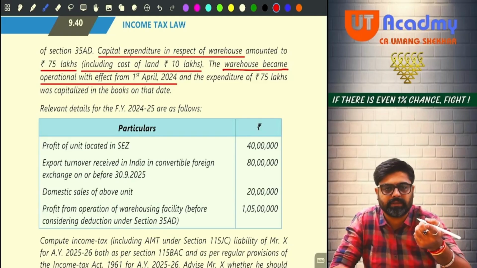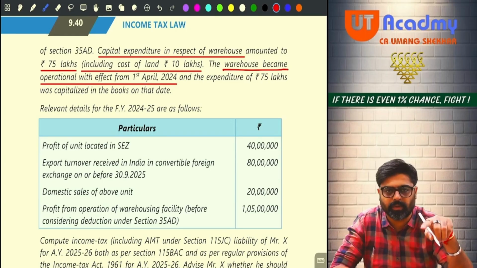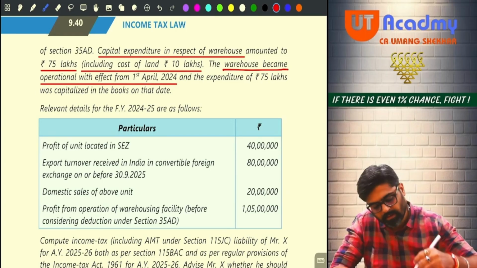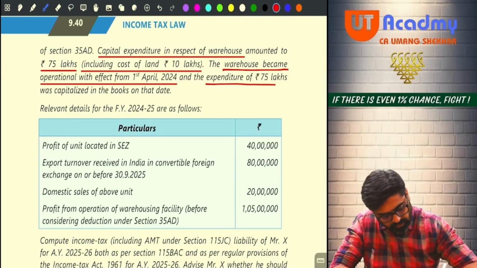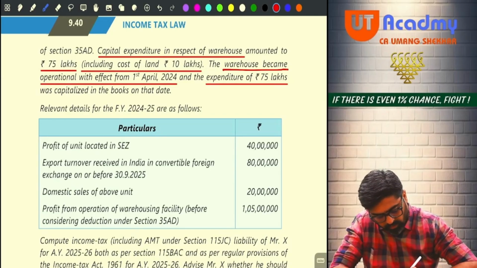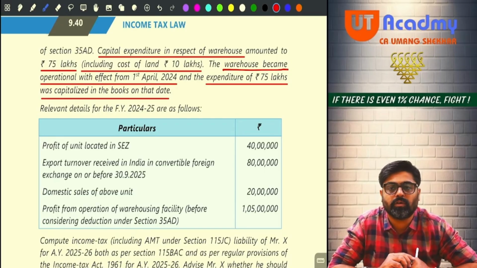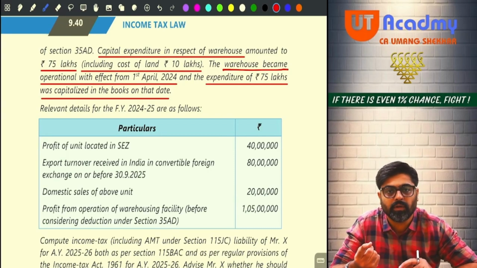It was set up in the last year, but you started the operations from this year. So this is the first year of your warehousing business. Yes or no? And expenditure of 75 lakhs was capitalized in the books as on that date, meaning that 75 lakhs was a pre-commencement capital expenditure on your specified business, including 10 lakh rupees of cost of land.